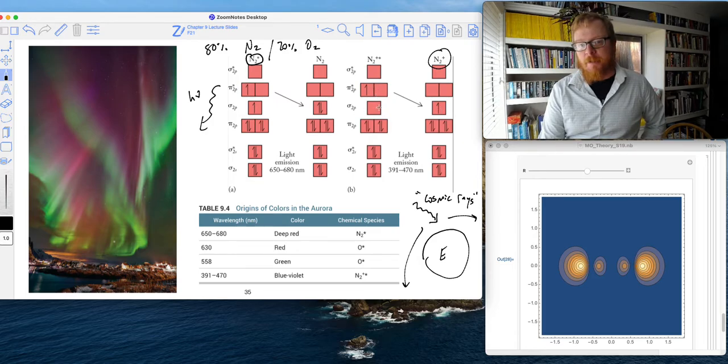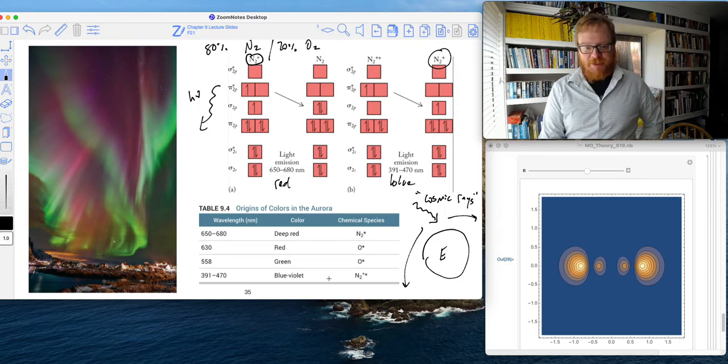So you can see there's my missing electron for my N2 plus star, my excited state of nitrogen. And that's a much higher energy state. So when this crashes back down to the ground state, it also emits light, but it emits more energetic light. So this ground state molecule to excited state emits in the red, and this excited state nitrogen ion transition emits more in the blue because it's higher energy.